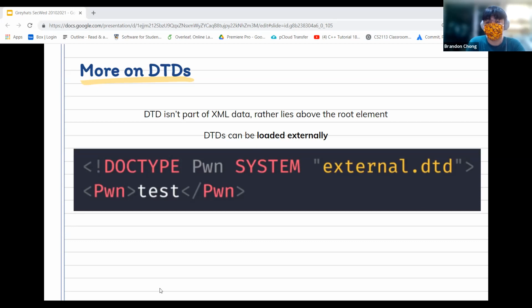It allows them to organize their XML data more cleanly by defining their entities in organized files. But it also means attackers are able to store entities in these DTDs in order to invoke them when exploiting these XXEs.